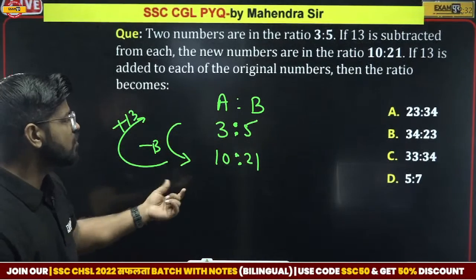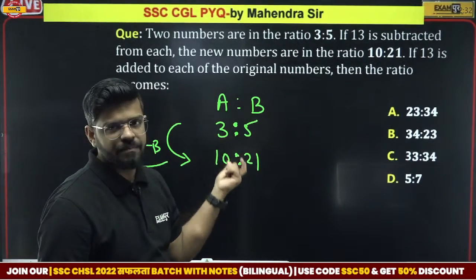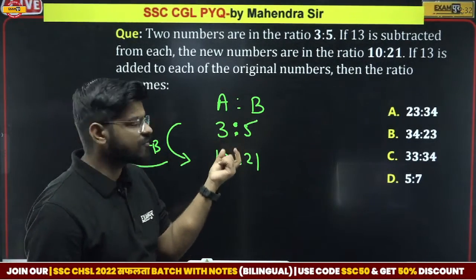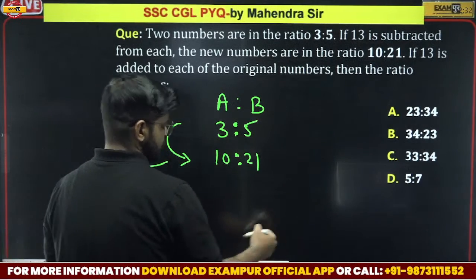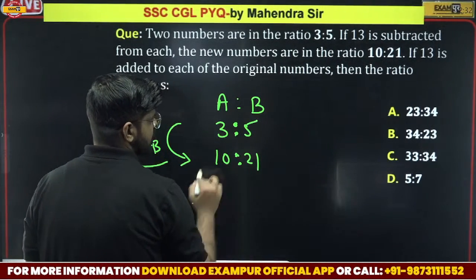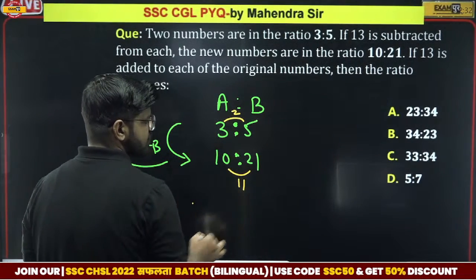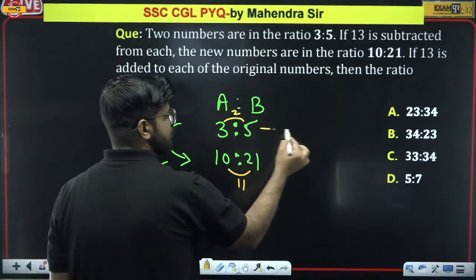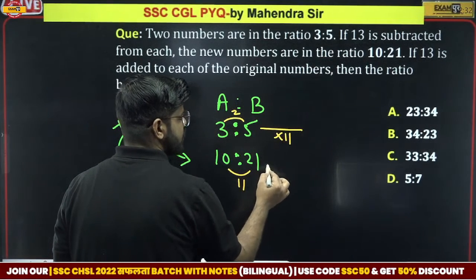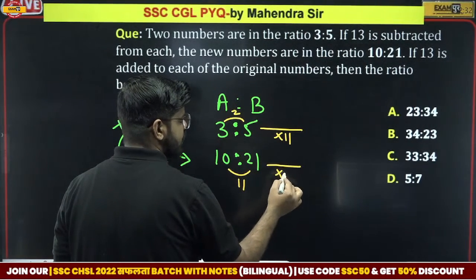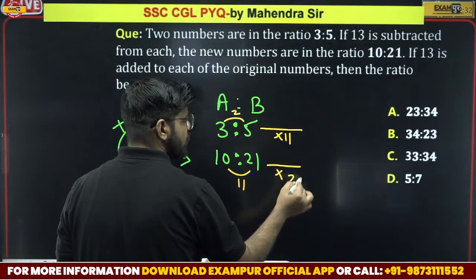So what we have to do is make the differences the same. To make the ratio the same, you have to make the differences the same first, because the difference is not the same here. Here the difference is 2 and here the difference is 11. So make the difference common. Here multiply by 11 or here multiply by 2.